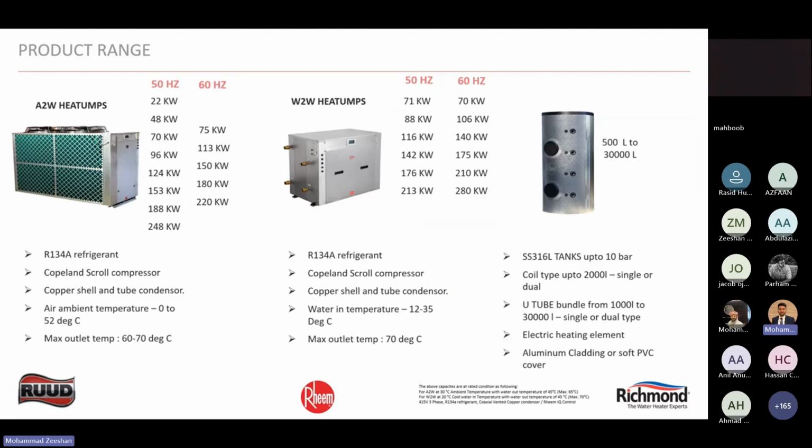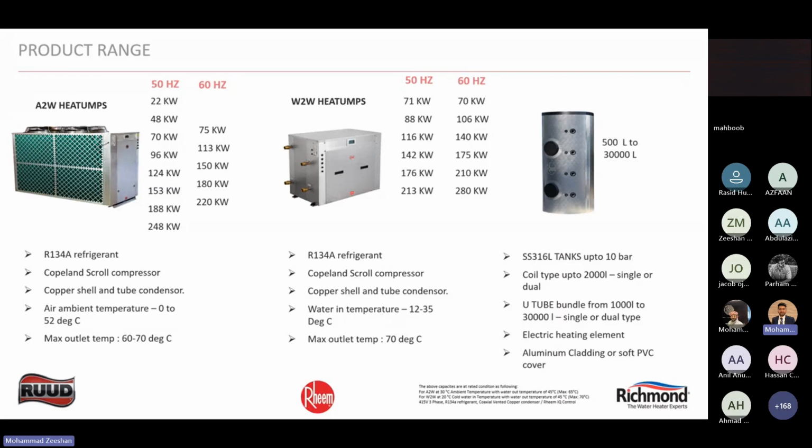Now, in terms of the product range, as we have people who are working in both the KSA market as well as the Middle East markets, which is 50 hertz, we have listed both our capacities on the screen. As you can see, for 50 hertz markets, which is all the MEA markets except Saudi Arabia. Saudi Arabia is a 60 hertz market, so that will be a different product portfolio.